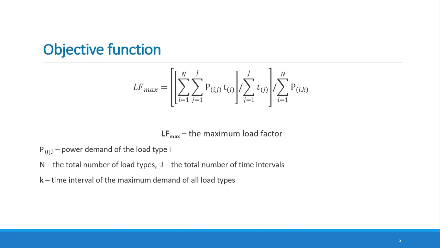J represents the total number of time intervals of the day, and K shows the time interval of maximum demand at any load type. So this is the load factor objective function that we need to optimize. As I discussed before, the closer the load factor is to 1, the better the system is, utilizing energy better.